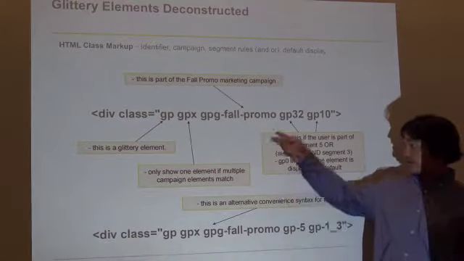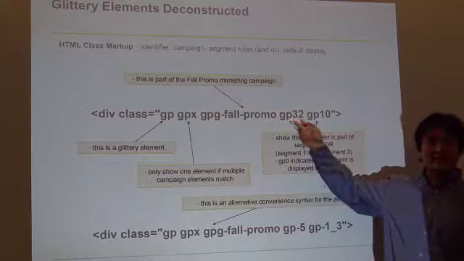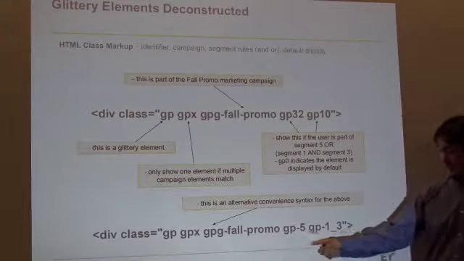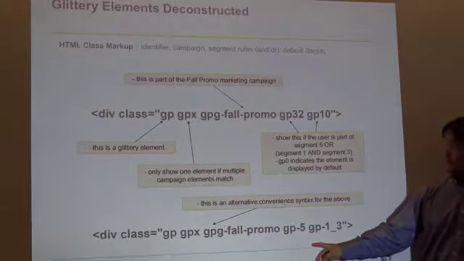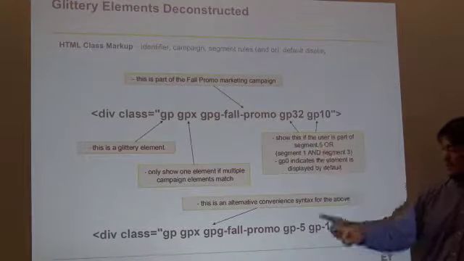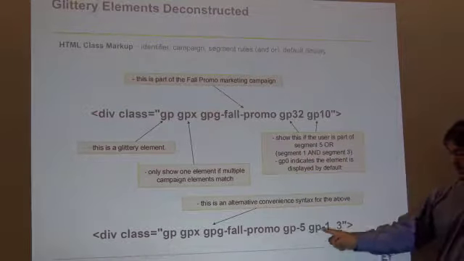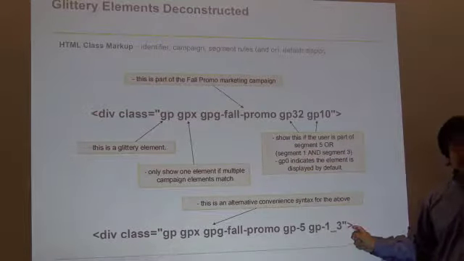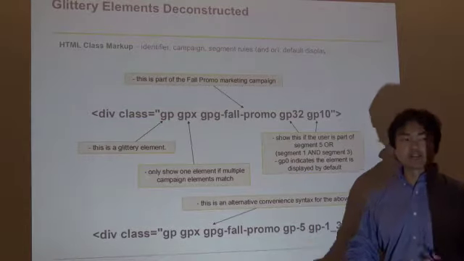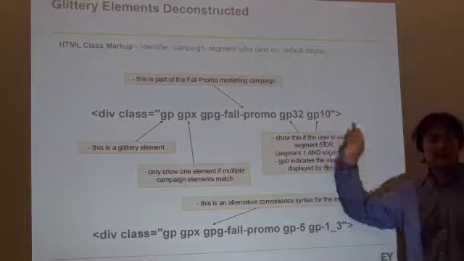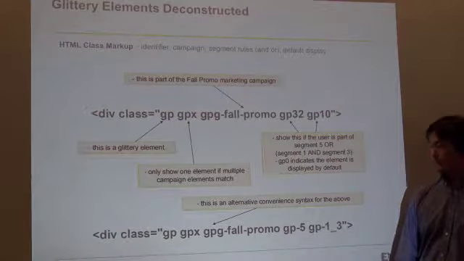So we created something slightly slower but more accessible, so it also supports this hyphen notation. If you just want to say segment 5, you can just say -5. If you want to say segments 1 and 3, you can say -1_3. There's a small interpretation we do just for convenience, but this is the optimized preferred format to use. Okay.